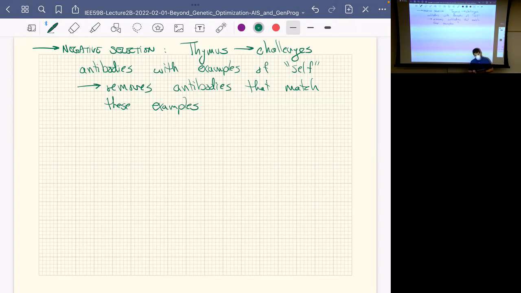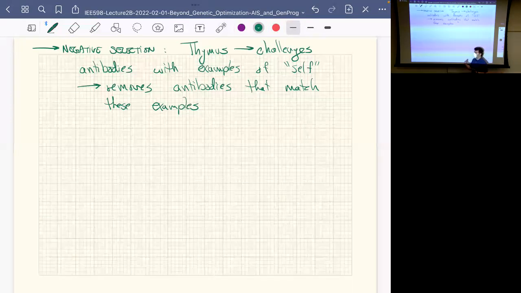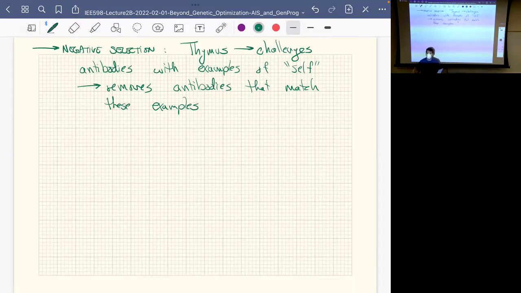So there was a question of whether we can interpret constraint handling in the genetic algorithm, throwing out solutions that fall outside of our feasible region, as a form of negative selection. I guess you could consider that a little negative selection step. I think we usually don't call it that because it's not inspired by that.